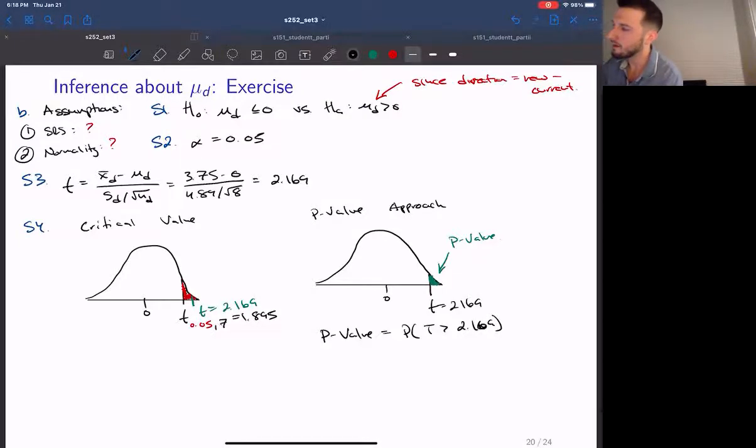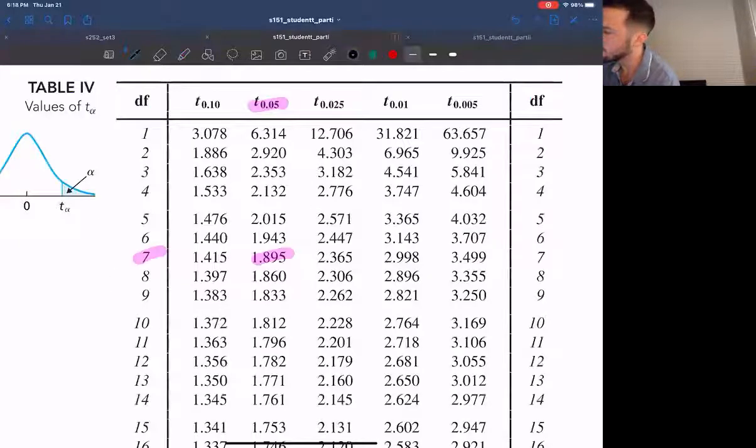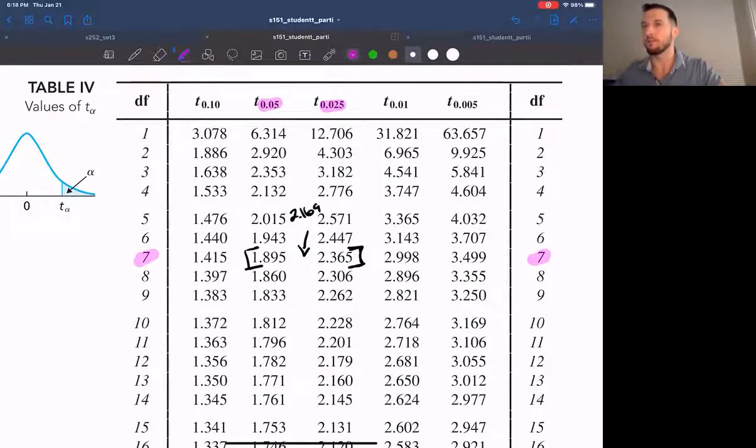All right. So if we go to our t-table, we are on the 7 degree of freedom line. As we move across the line, we notice that 2.169 falls in between 1.895 and 2.365. So that means that our p-value will be located between 0.05 and 0.025.